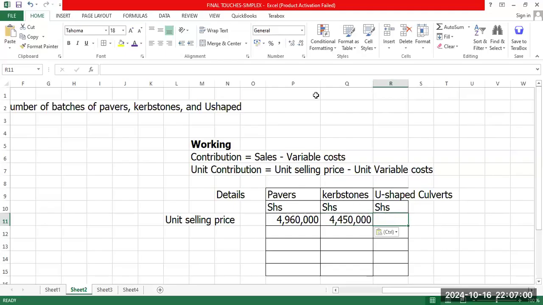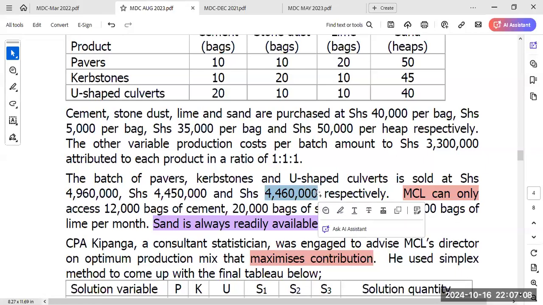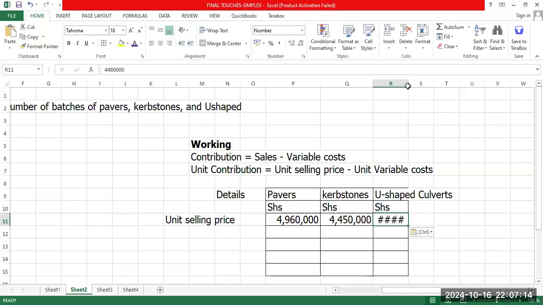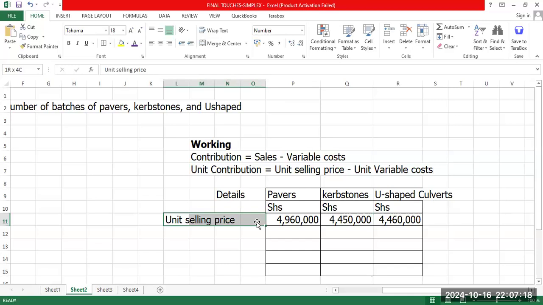And then U-shaped, how much? 4.6. Okay, that is our unit selling price. Do you have the unit variable cost?